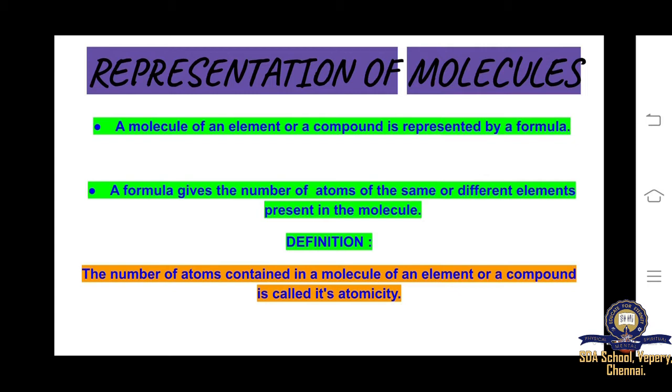Here we have a definition. The number of atoms contained in a molecule of an element or a compound is called its atomicity. So whatever the molecule, how many atoms are taking part. For example, now we saw water, H2O. In that two hydrogen and one oxygen, so totally 3 atoms are taking part in the reaction to get a water molecule.